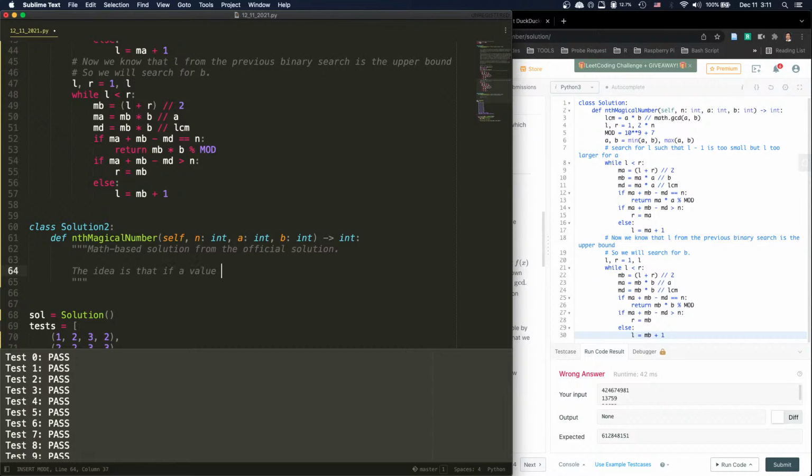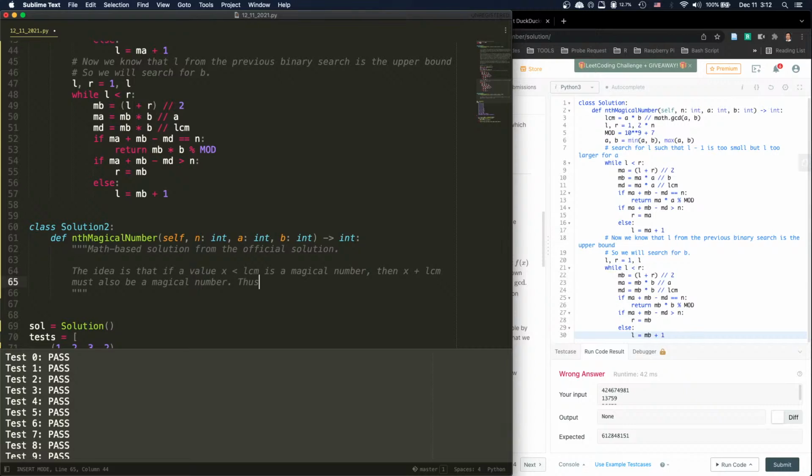If a value x smaller than LCM is a magical number, then x plus LCM must also be a magical number, right?